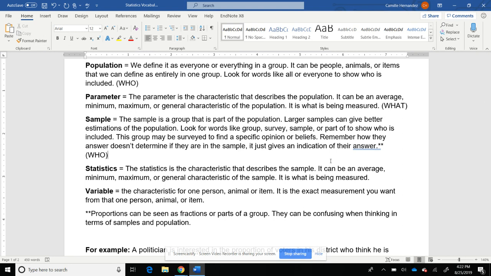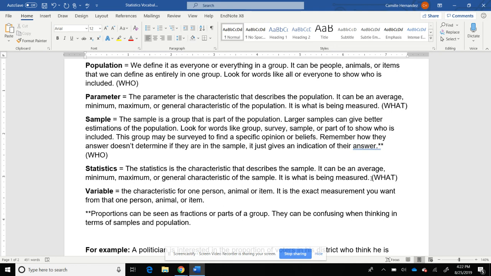Very similar is the statistic. The statistic is the characteristic that describes that sample. Again, it can be the average, minimum, maximum, or a general characteristic of the sample. It is what's being measured. So again, this is a what. The big thing about that is, remember, population and sample is who you're studying. The parameter and the statistic is what you're studying.